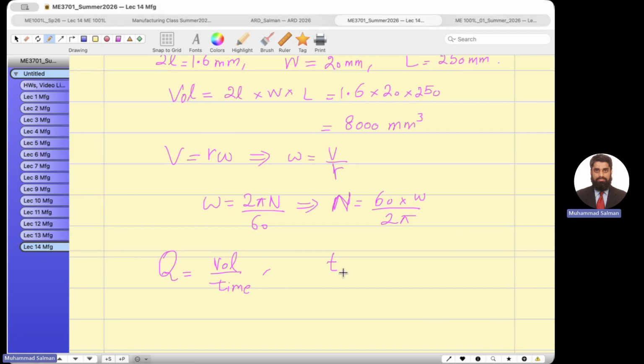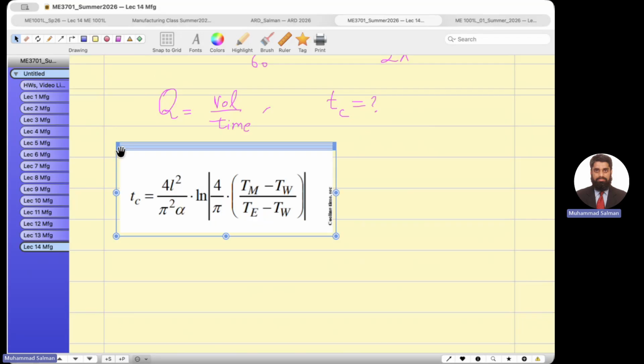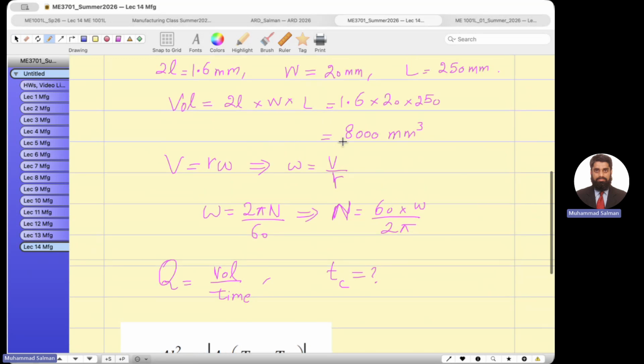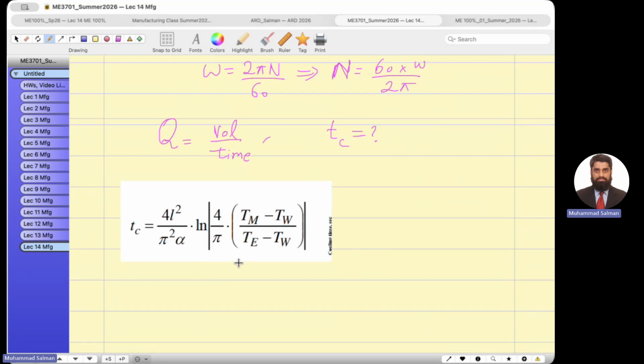We can find it out using this formula, which gives the maximum time to prepare the shot. I know the volume, which is 8,000.